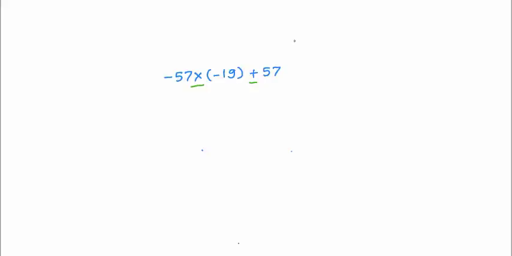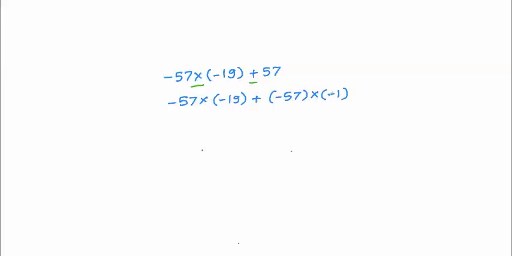So I am able to change this as minus 57 into minus 19 plus, in bracket, minus 57 into minus 1. Plus 57 can also be represented as minus 57 into minus 1, because the product of their weights is 57 into 1 is 57.